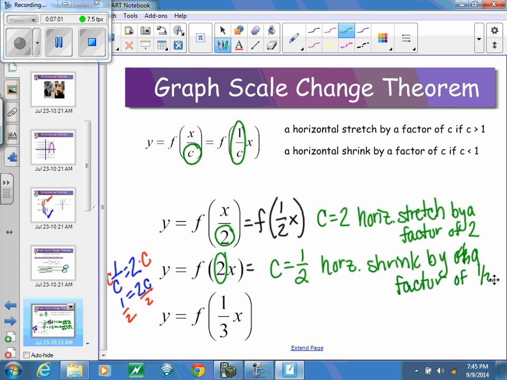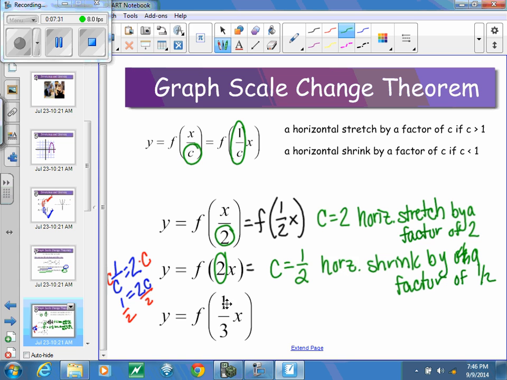So it kind of goes with the whole idea of when we've been working with all that inside change, it's the opposite of what you think is going to happen. So here, when you see the first one, x divided by 2, rather than it being divided by 2, now you've got this 1/2, so you think it's going to be a shrink. Well, we're doing the opposite of that, which gives us the stretch. Here we have 2 times x, so just when you think that you're stretching it, you're actually doing the opposite, which is going to be a shrink.